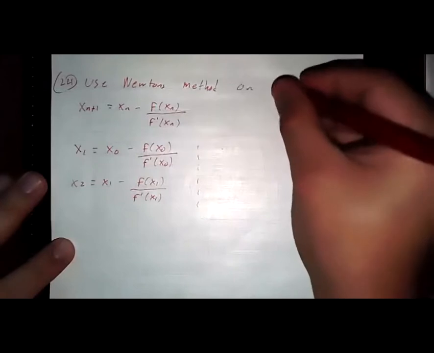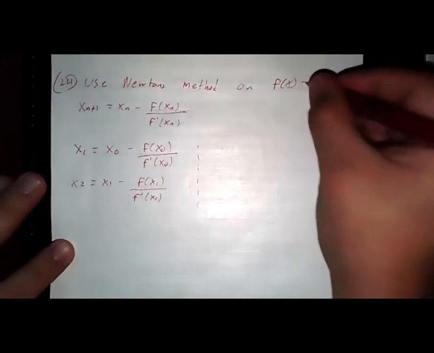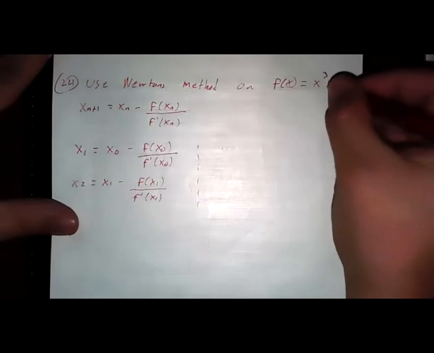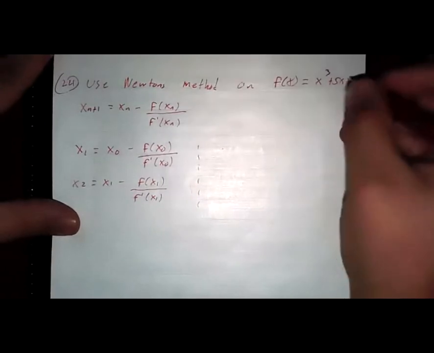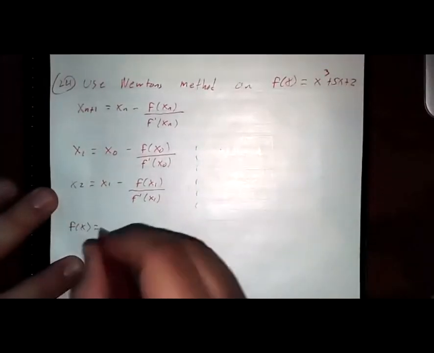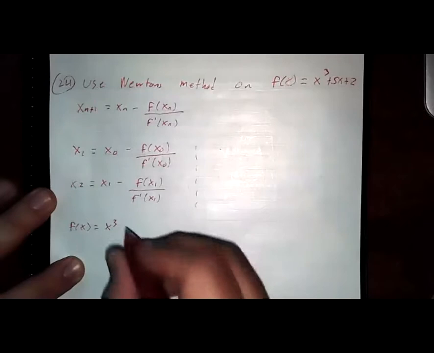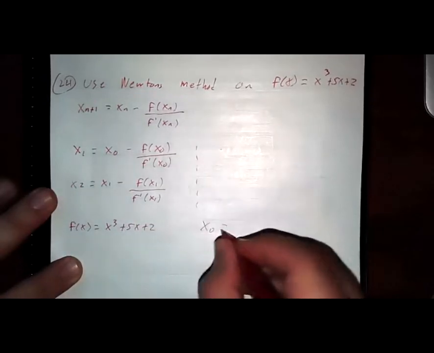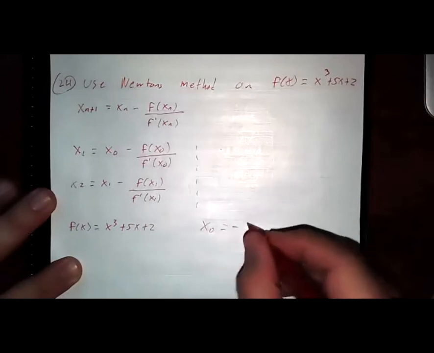So here's the function, x to the third plus 5x plus 2. So let me go write it over here. That looks messy. They give us the x0 of -1.